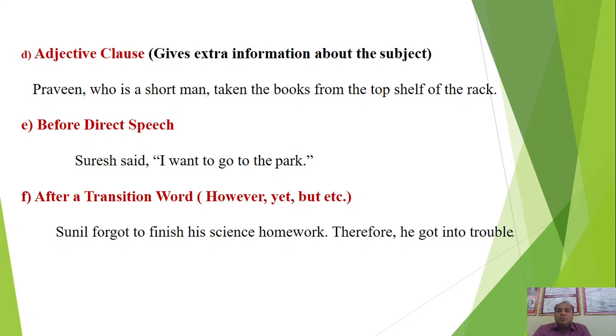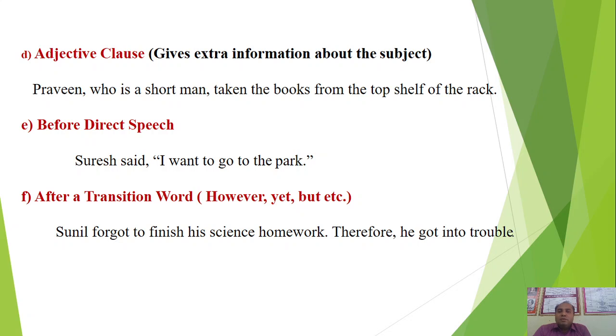A comma is also used with an adjective clause. An adjective clause gives extra information about the subject. For example: Praveen, who is a short man, takes the books from the top shelf of the rack. In this sentence, the comma is used to give extra information about the subject.